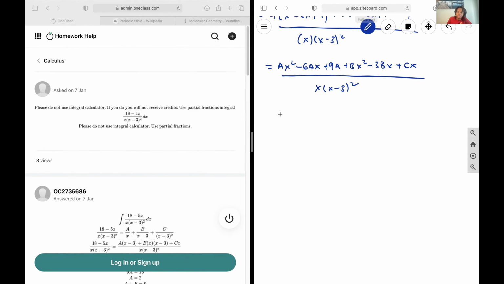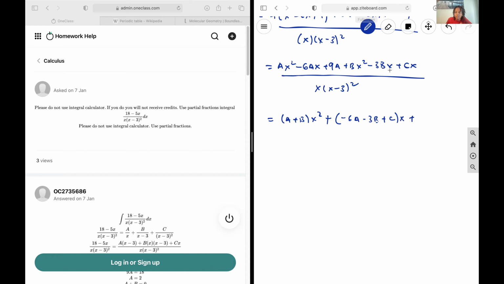And then next up, we want to group our terms. So for the x squareds, we have (a plus b) into x squared, plus for the x terms, we have (negative 6a minus 3b plus c) into x.